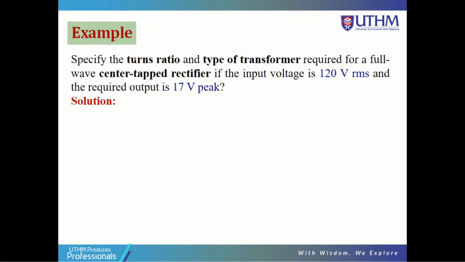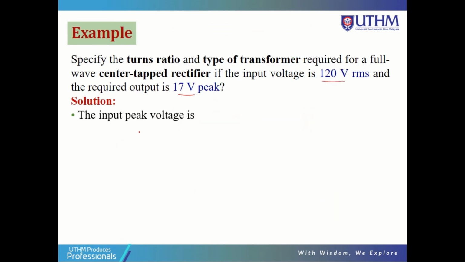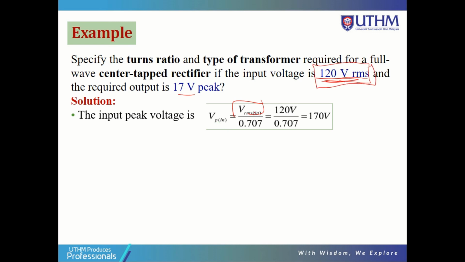Okay, example. Specify the turn ratio and type of transformer required for a full wave center tap rectifier if the input voltage is 120 volt RMS and the required output is 17 volt peak. So you use this formula. The input is 120, the output is 17. It asks us to find N. Okay, this is the solution. This is RMS, not V peak, so you have to convert RMS to V peak first.